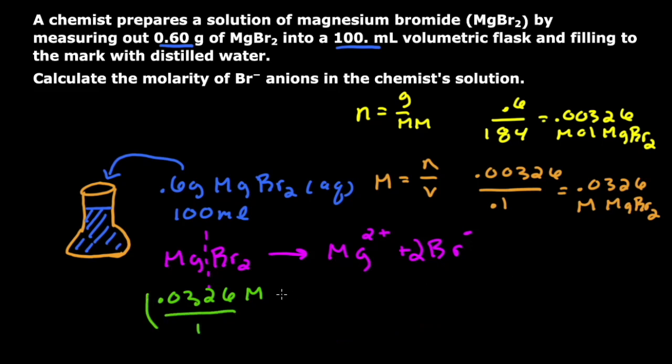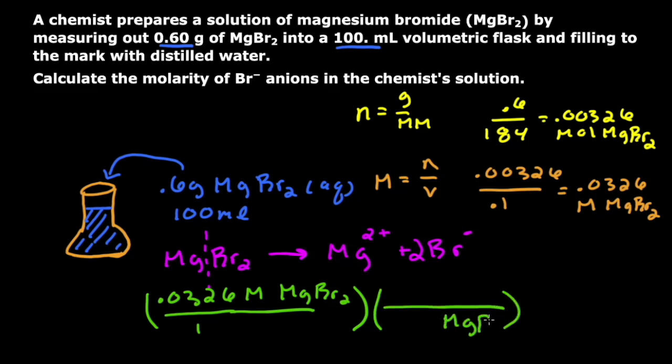That's going to be what I'm given, and this is going to be the MgBr2 here. And then I'm going to put the MgBr2 on the bottom, and then I'll put the Br minus up top, and that way this and this will cancel out, and then I'll be left with this Br minus right here.